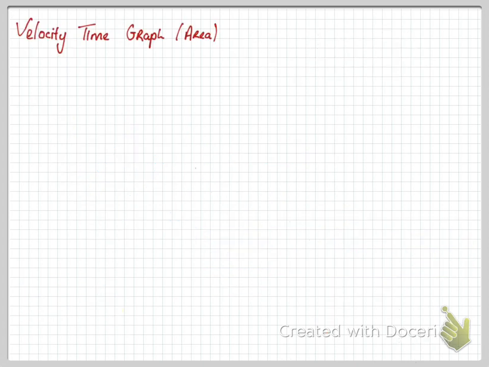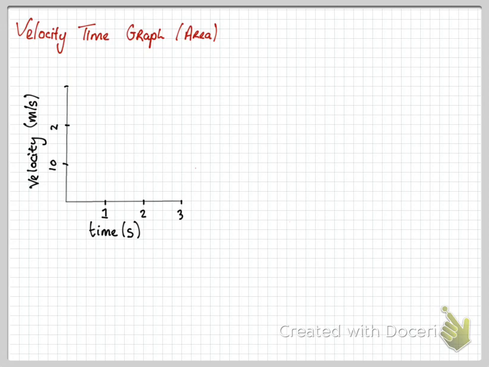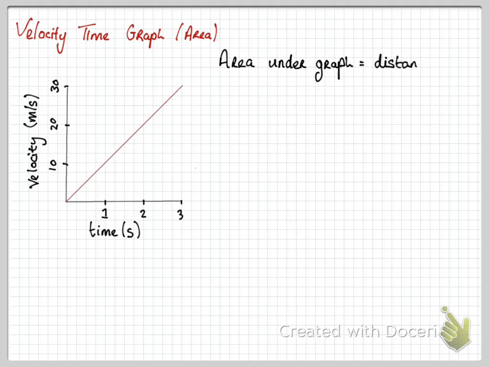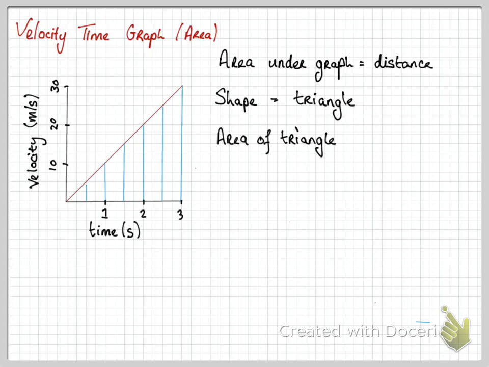However, not all velocity time graphs look the same. The next example that I've included is if the car was going at a constant acceleration. The area under the graph is equal to the distance again. This time the area is shaped like a triangle. The area of a triangle is equal to half the base times the perpendicular height.